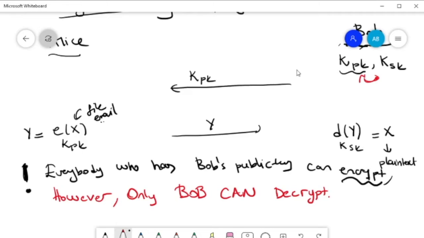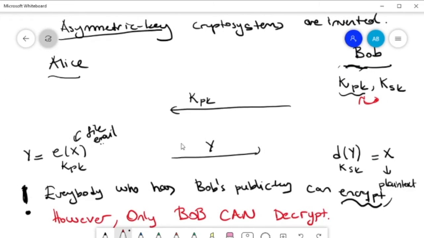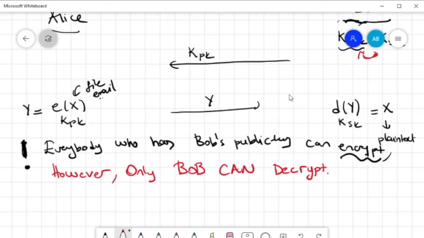I'm repeating: everybody can encrypt the message and send it to Bob with his public key, but only Bob can open the message with his secret key. So this is the idea of asymmetric key.